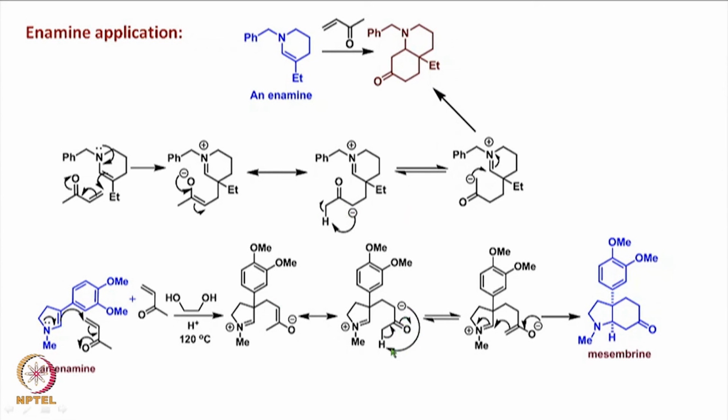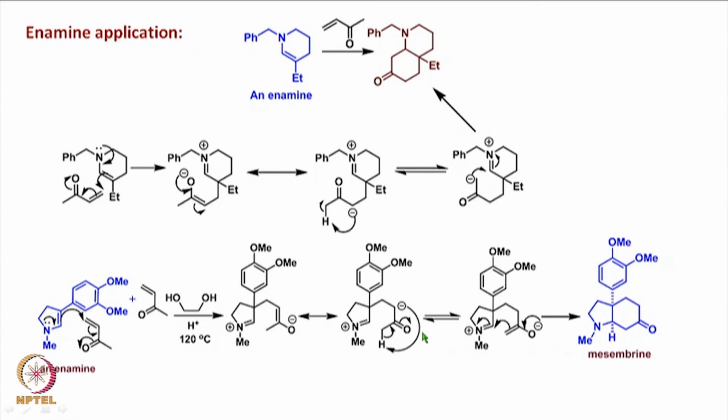Now this anion then takes up the proton from here, generates another anion, which of course will be existing in the form of enolate also, and this enolate then undergoes cyclization to form a molecule which is called mesembrine, which is a natural product. So that is how reactions of enamines take place, and they are useful in many synthetic operations.